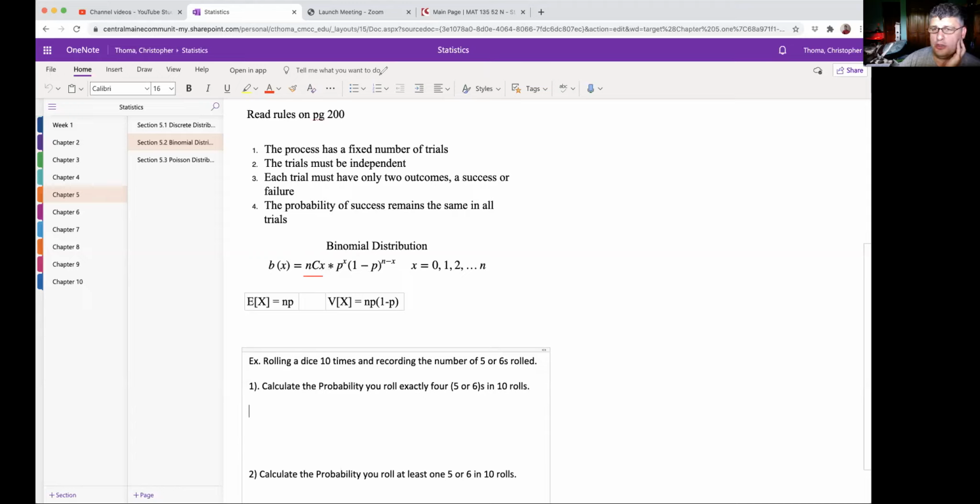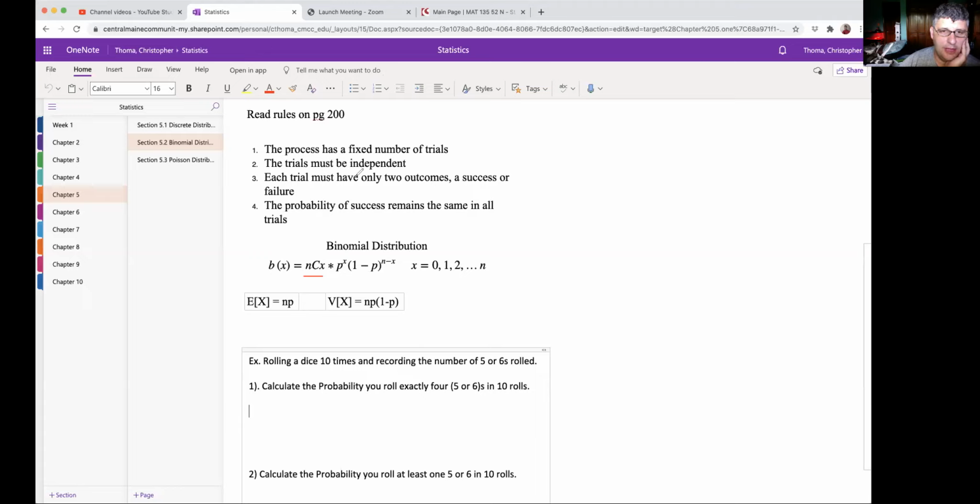Remember combinations was you knew how many times you were doing something and you were picking so many things without replacement. And then you knew how many you were picking. So that is that formula from chapter 4, combinations. I didn't write the whole formula, I just wrote out the symbols. And we talked about how to use a calculator to calculate that piece.